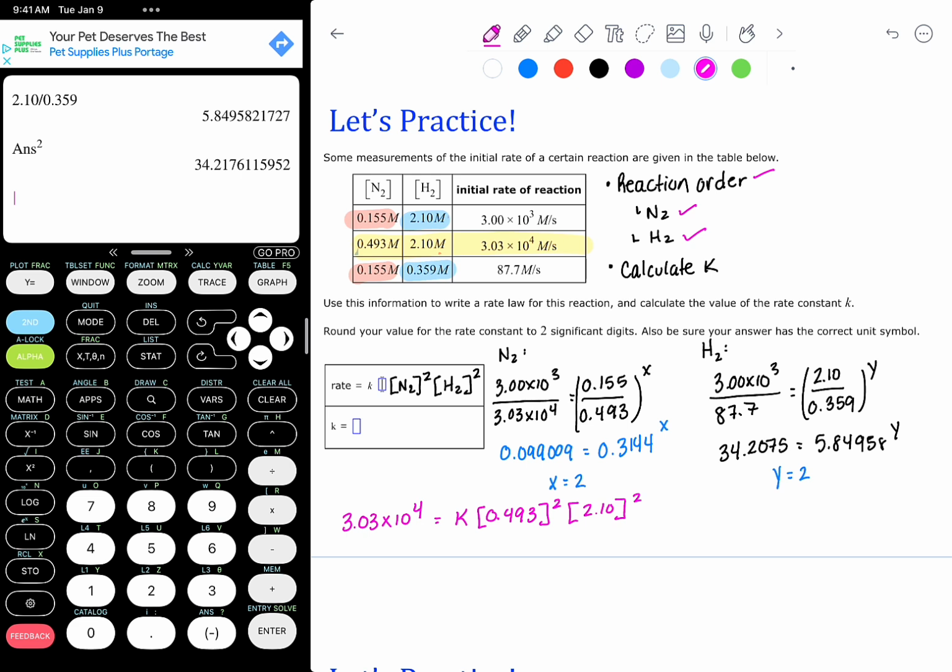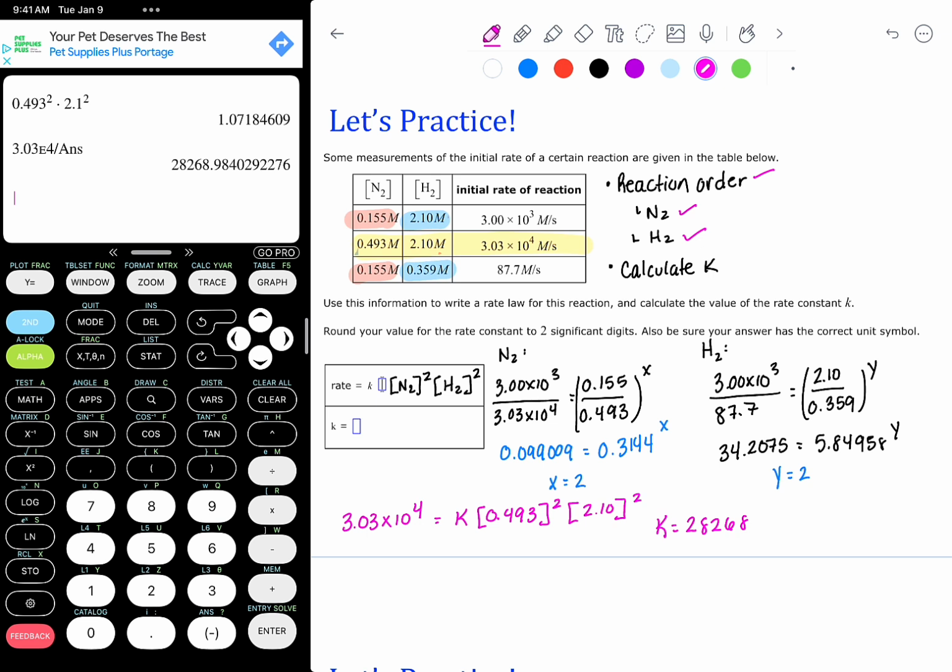So now we simplify. 0.493 squared times 2.1 squared, and then we'll take 3.03 times 10 to the 4 and divide it by that value. And we get a K that is equal to 28,268.